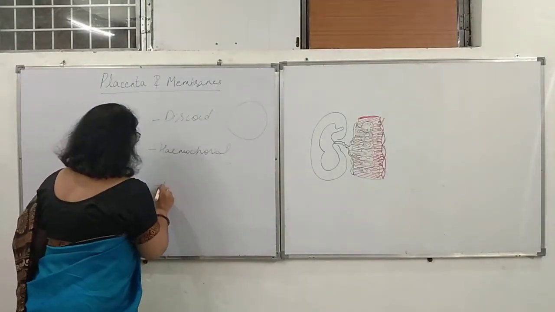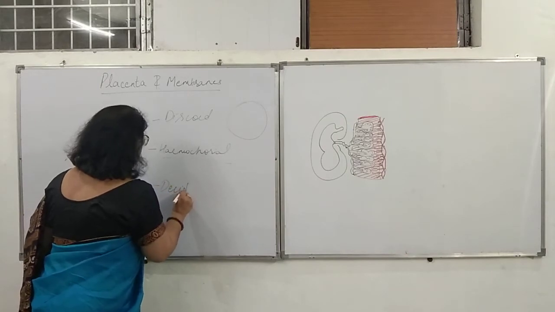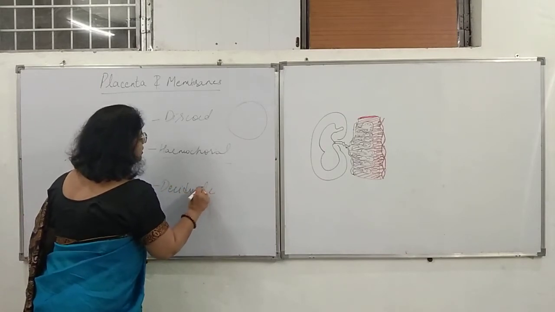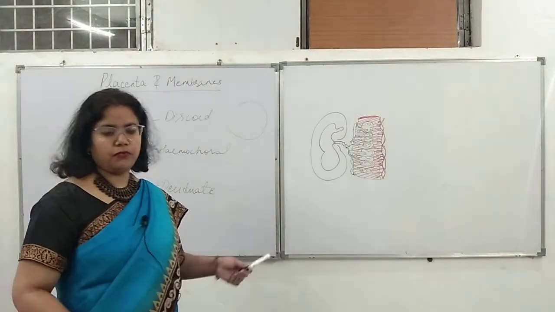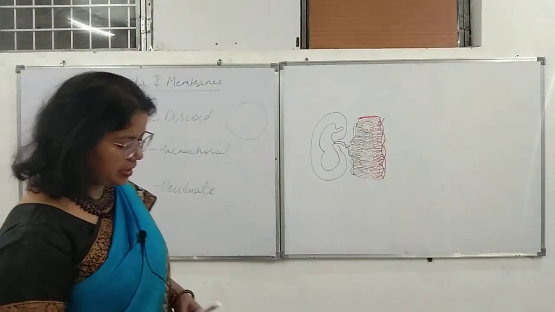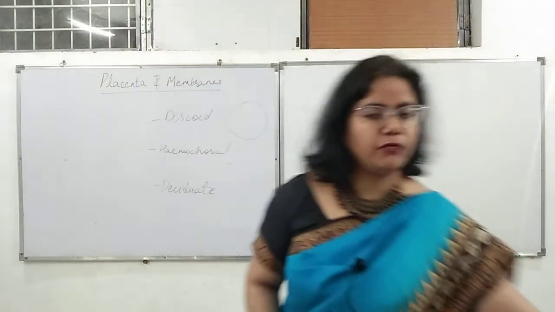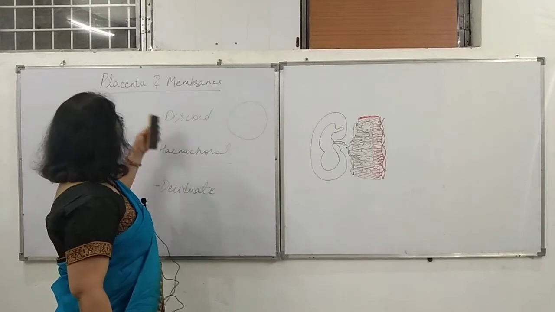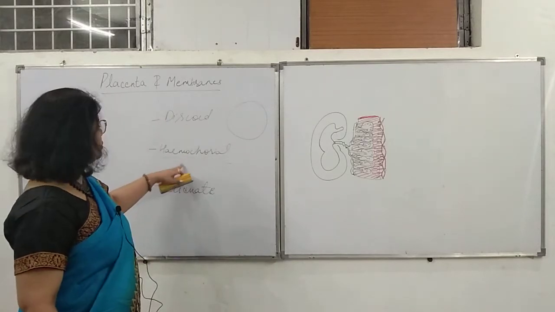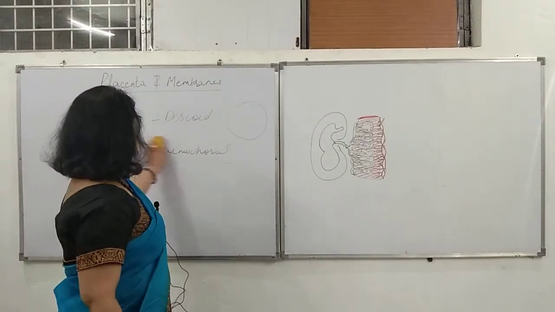And it is also called deciduate. When it is shed after delivery, some part of the maternal tissue, the decidua basalis, is shed along with the placenta. So these are the three terms. Human placenta is discoid, it is hemochorial, and it is deciduate.